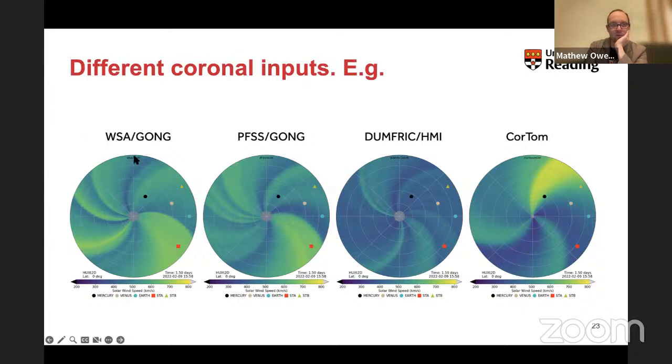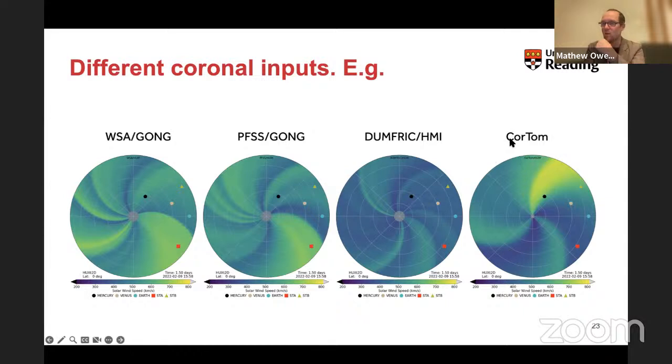This is the typical forecast we produce, where the inner boundary is set by the WSA model with the GONG observatory. The details are not important. This is the exact same observatory, but a slightly different model. And you can see already that's changing the stream structure a bit and how fast some of these streams are. This is the exact same time period, but with a different observatory and a different model.